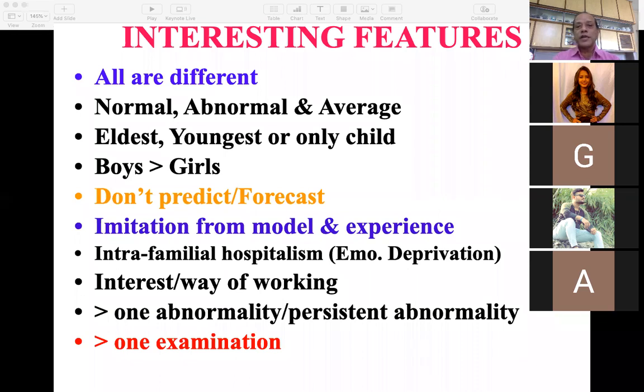The last point in growth and development for today's lecture is, before labeling, as we said, we should not label any child as abnormal or average. You cannot label any child abnormal or average in one examination. Take another example, a very common example.